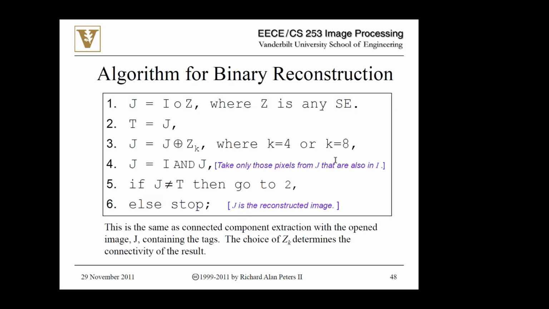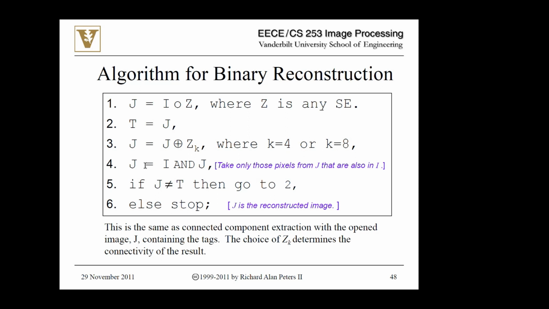So how to do that? We can follow this. Let's say that you first do an opening. Now I take a copy of the current image. And now you do dilation with a plus or square structuring element.